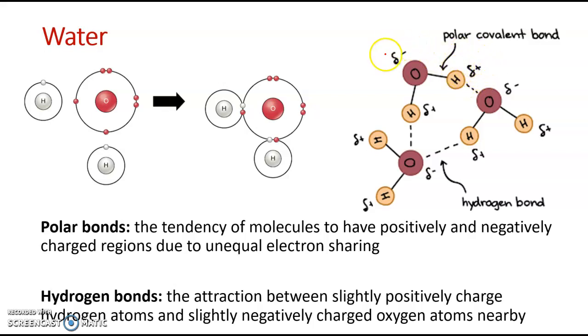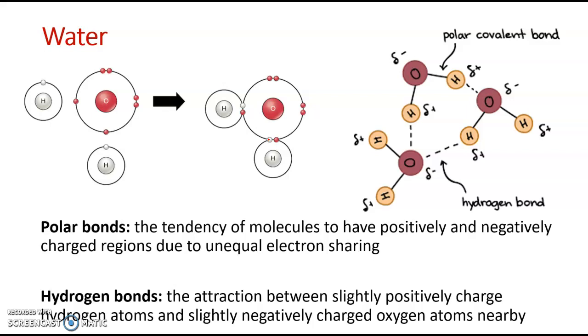And then the opposite side of the oxygen atom that does not contain the hydrogen is going to have a slightly negative charge. And this is an example of a polar bond. So it's a polar covalent bond. It's covalent because it involves the sharing of electrons, one from the oxygen and one from the hydrogen. But it's polar because it's creating these slightly charged regions.